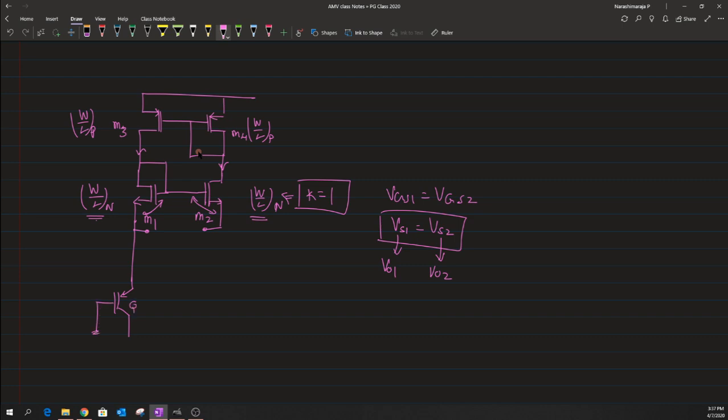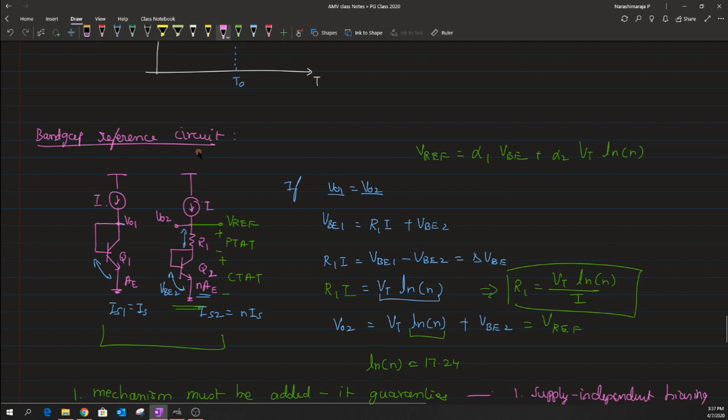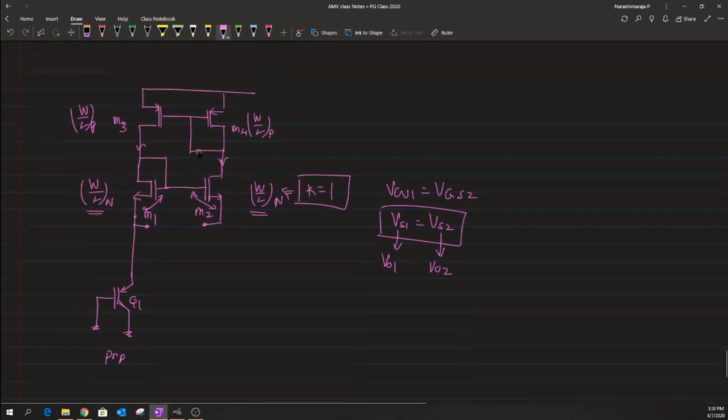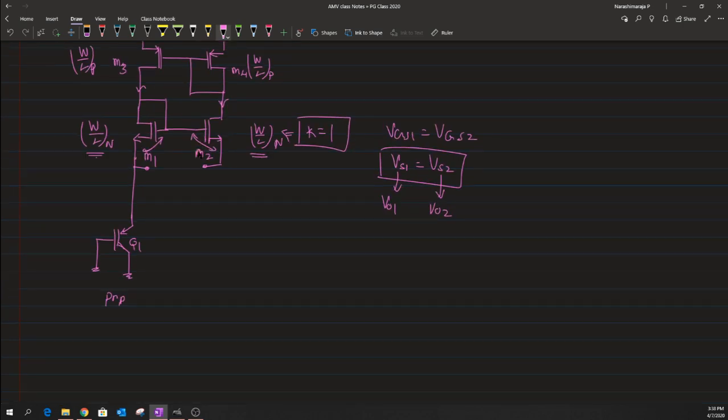In this case you can see that I am still using a BJT, but the type I am using is a PNP transistor rather than an NPN transistor that we used earlier. This structure was an NPN transistor, but right now I have replaced it with a PNP transistor. The reason is that any CMOS process, that is the technology you are using, basically supports a PNP transistor rather than an NPN transistor.